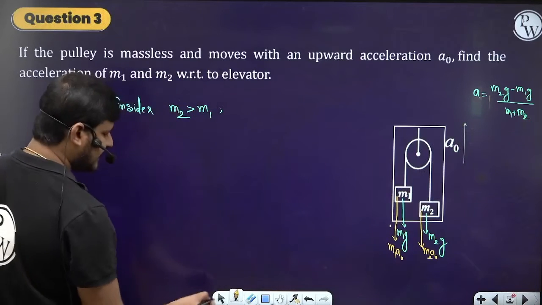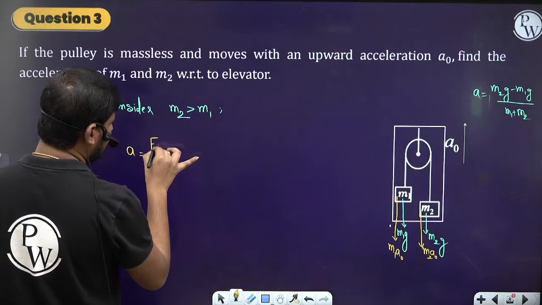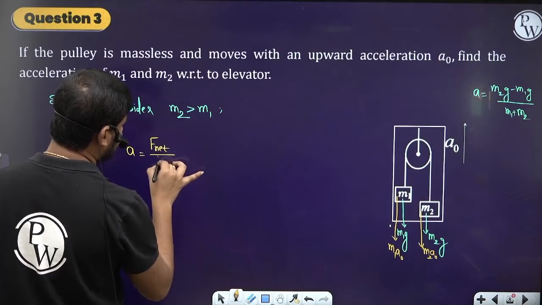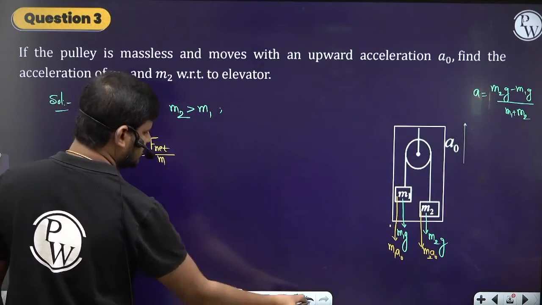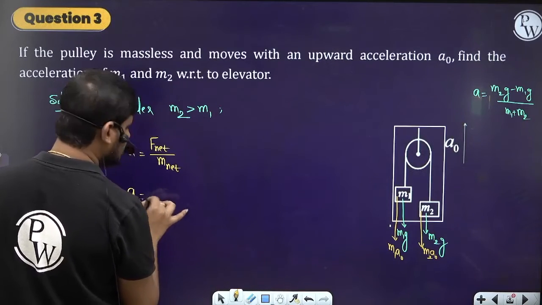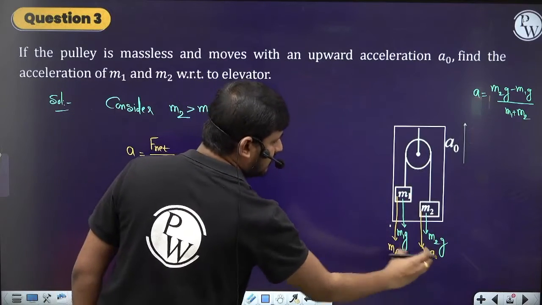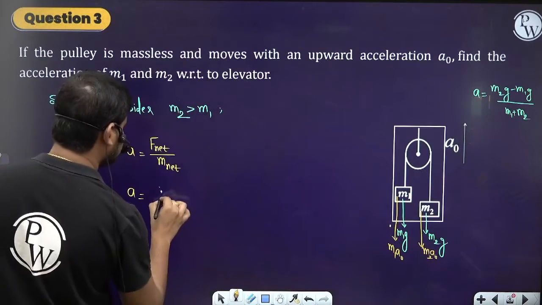Now how do we find the net acceleration? The net force by the net mass. Yes or no? Here the net force is nothing but, since we considered M2 to be more, this whole thing minus this whole thing, right? What is that?